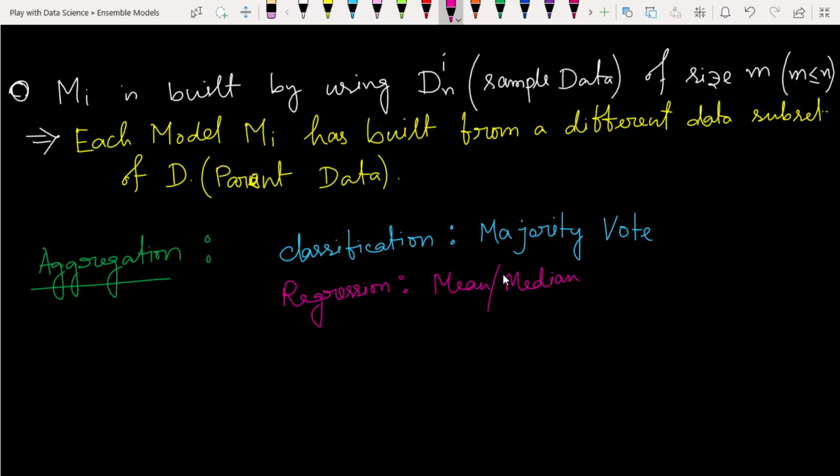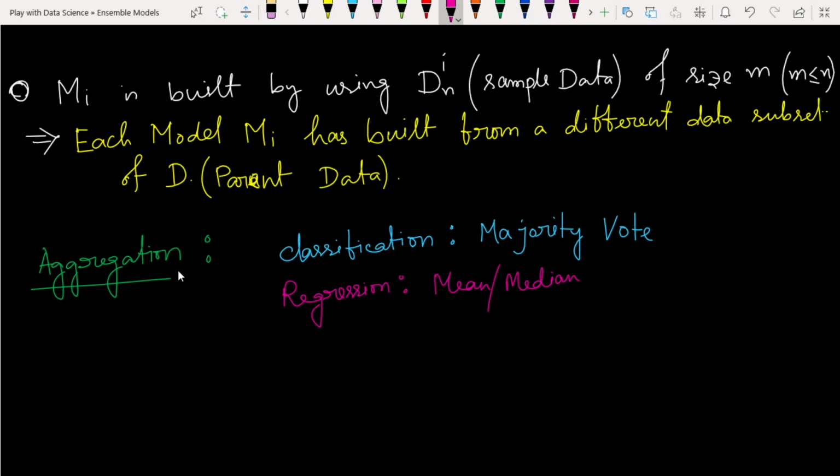We have already seen that in the previous chapters. When we use the decision tree for regression purposes, instead of entropy we calculate the mean squared error, and according to that we build our decision tree. The same thing applies for aggregation: for regression we take the aggregation operator as mean or median, and for classification we take the aggregation operator as the majority vote.